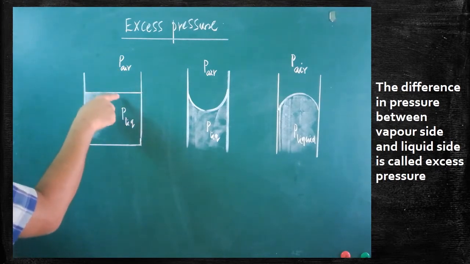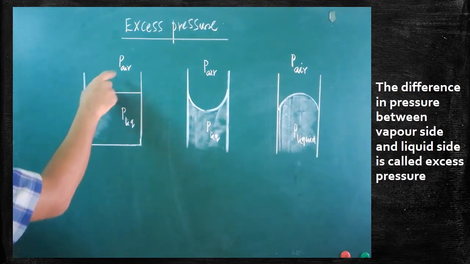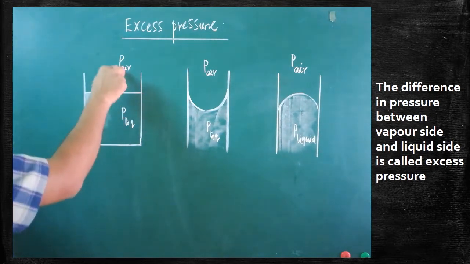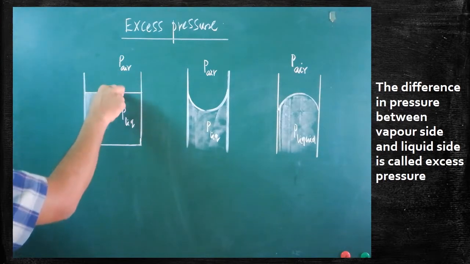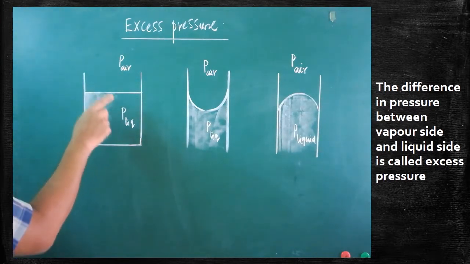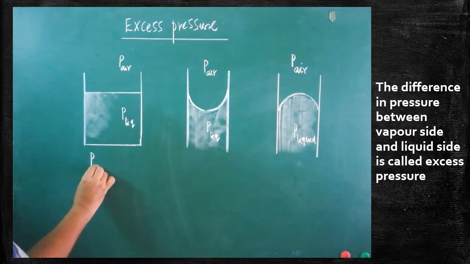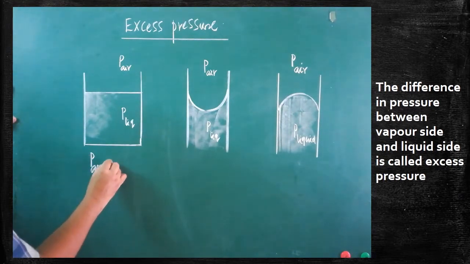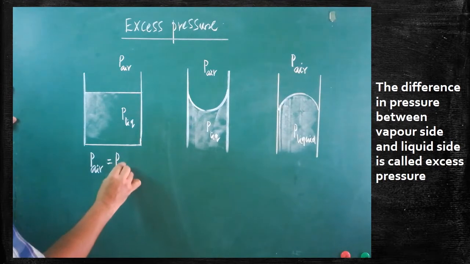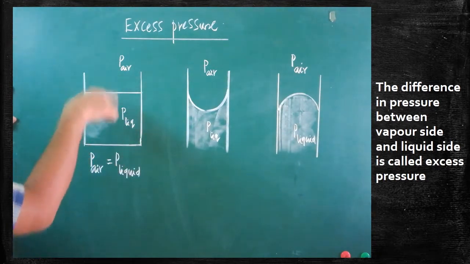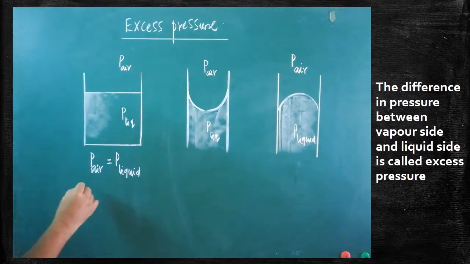So in this case, the pressure exerted on the surface... this is an intermediate line, a line of separation. Here the pressure due to air and the pressure due to the liquid are both equal. Therefore we can write P air is equal to P liquid. Are you clear? If you find the difference between these two, the excess pressure will be zero.